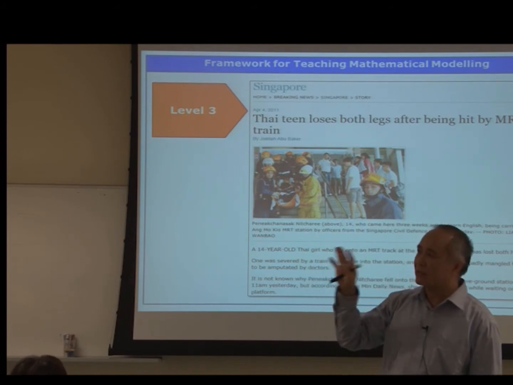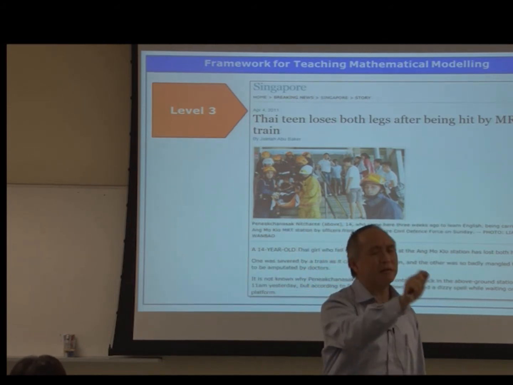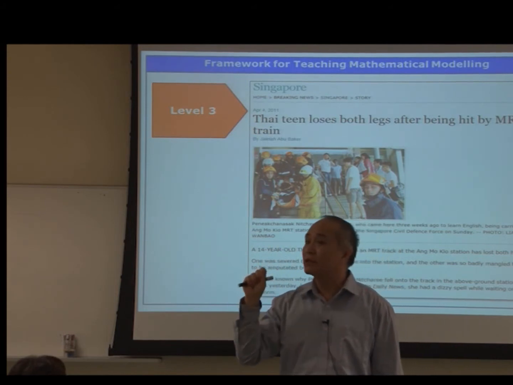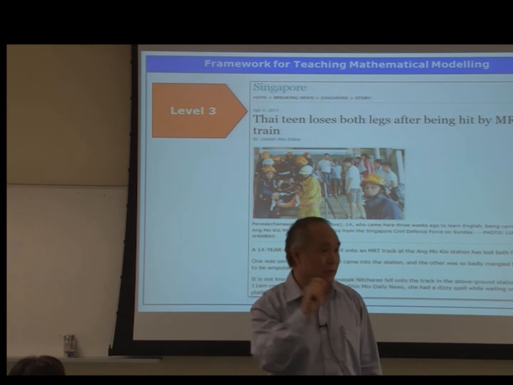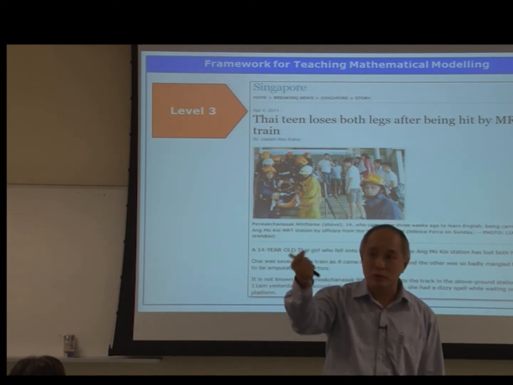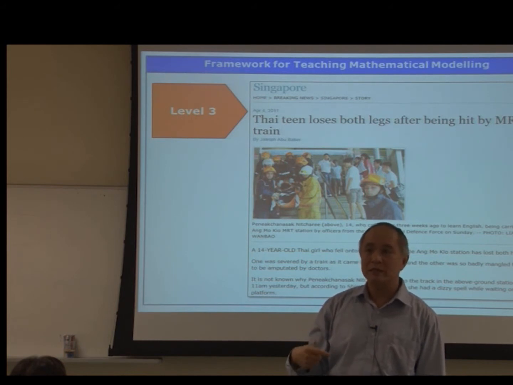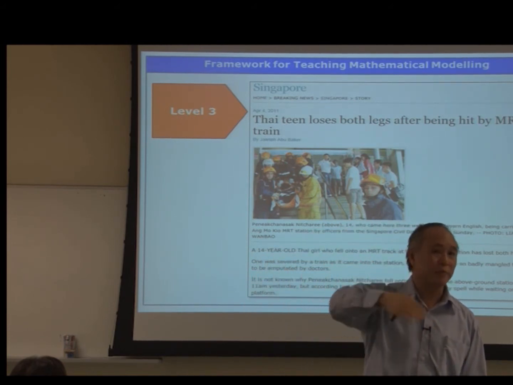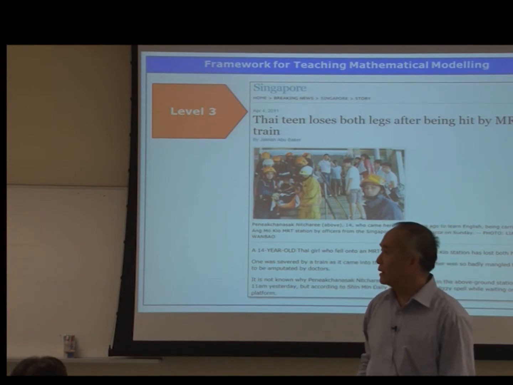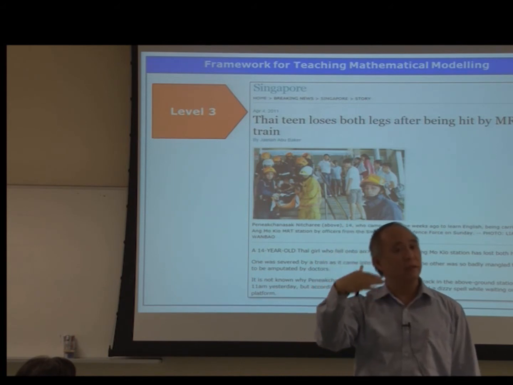If this is level 3, what is required? What's the main thing required in this level 3 task? Coming up with a simulation model, right? Being able to simulate. In other words, that particular modeling competency of being able to construct a simulation model and make assumptions has to be taught.